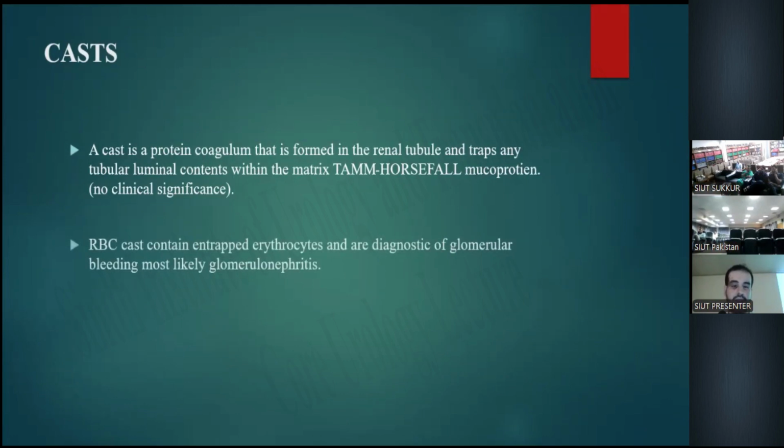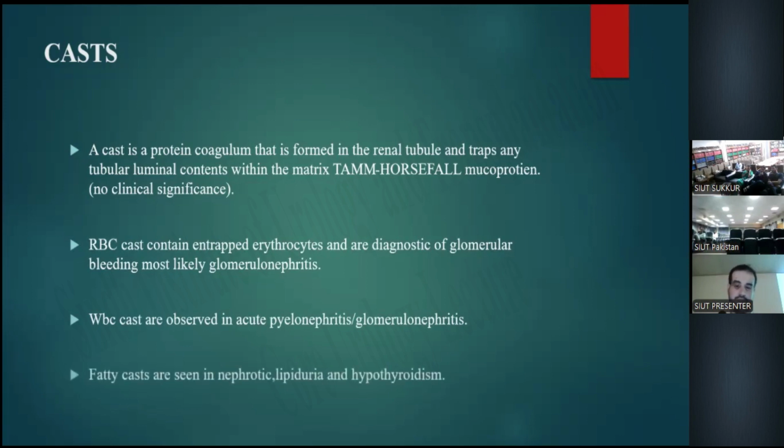RBC casts contain entrapped erythrocytes and are diagnostic for glomerular bleeding, most likely glomerulonephritis. WBC casts are observed in acute pyelonephritis or glomerulonephritis. Fatty casts are seen in nephrotic syndrome, lipiduria, or hypothyroidism.